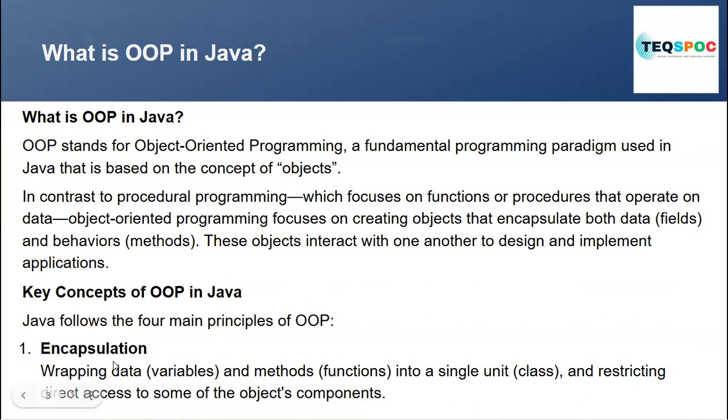First, there is encapsulation. Basically, encapsulation means wrapping data and methods into a single unit, meaning a class, and restricting the direct access of those variables or objects. That is called encapsulation. When we create a project, in the project we create a class, that is an entity class.